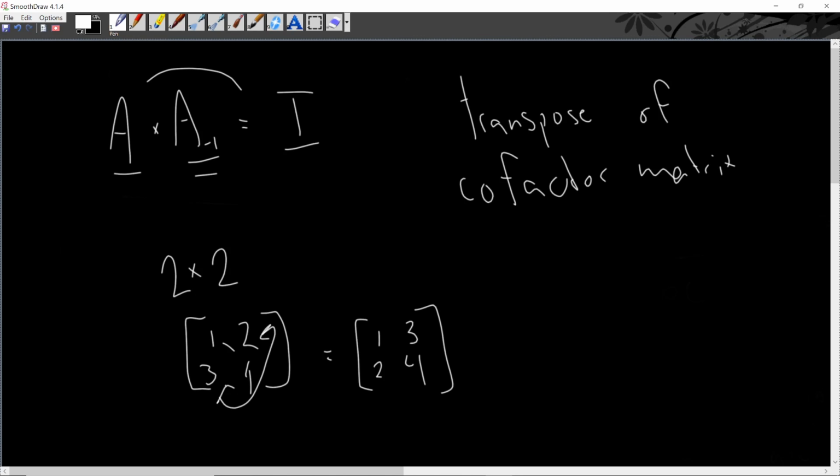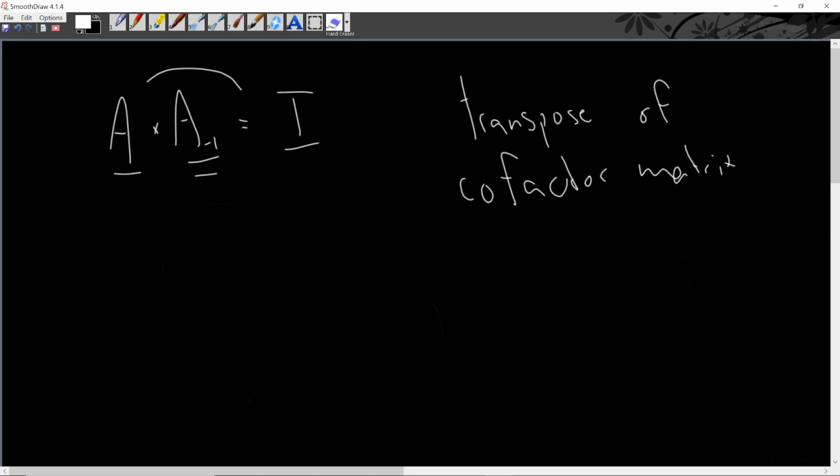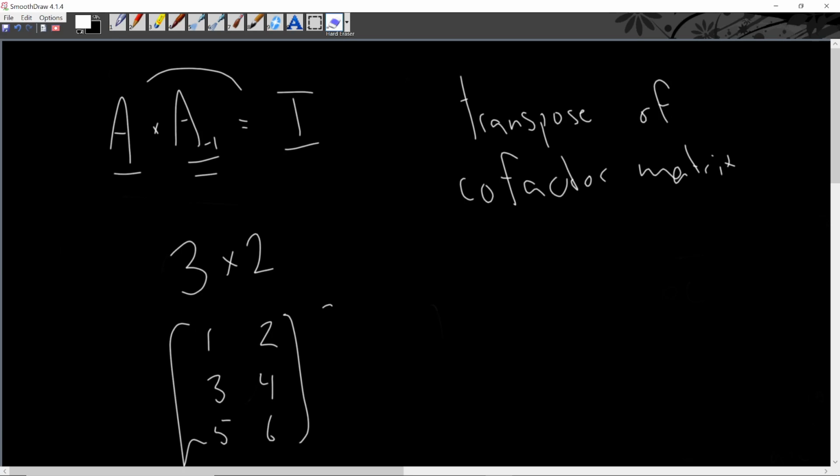And now you might be thinking, how do we do a transpose of a matrix that is not a square matrix? So let's do a 3 by 2 matrix. We have 1, 2, 3, 4, 5, 6. Let's let this be our 3 by 2. Now, what's the main diagonal going to be for this one?